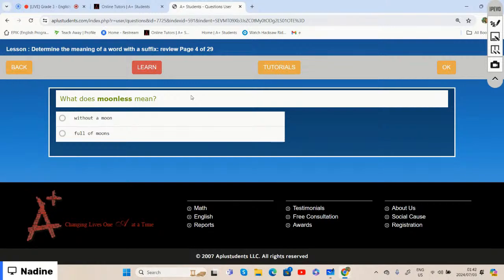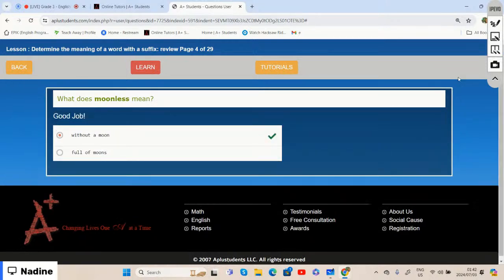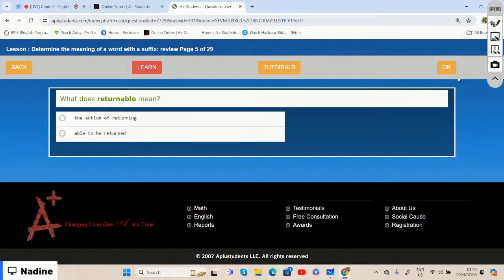So if we were to choose the correct one, we would say moonless means that we are without a moon, because less means without, right? So well done. Moonless means without a moon. That is option one. That is correct.